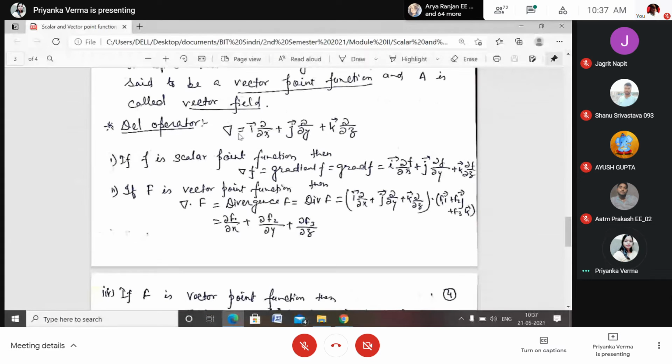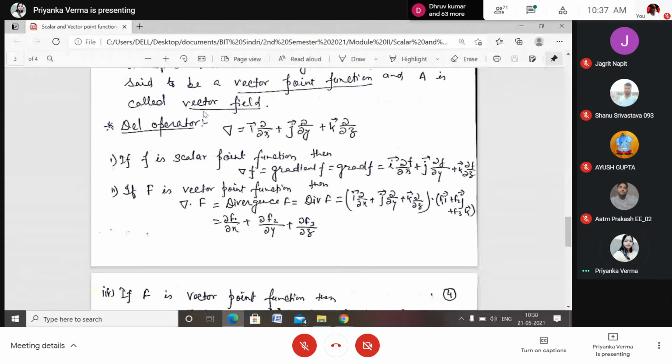When this del operator is operated over a scalar function, then this is del, and if you represent it with a scalar function, it will be del of f, and this del of f is known as gradient of f. Gradient of f is also denoted by grad f, and this will be equal to i del f by del x plus j del f by del y plus k del f by del z.